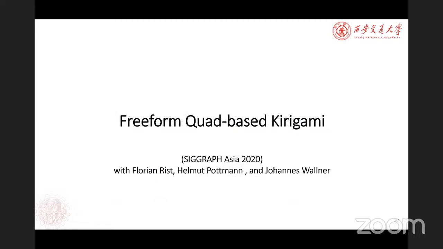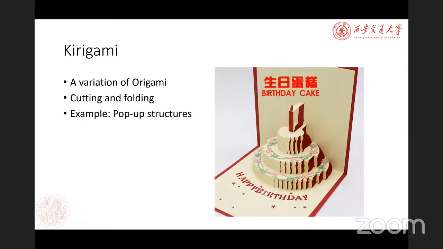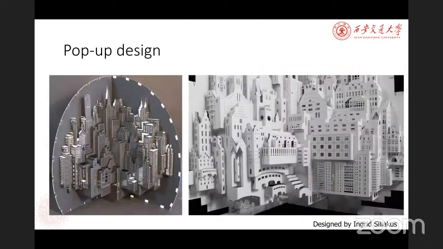Okay. The second work is freeform quad-based Kirigami. I will shortly introduce this part. As I mentioned before, Kirigami is a variation of origami, so cutting and folding are both allowed. Pop-up design is a famous example of Kirigami. Here are two more such pop-up designs.